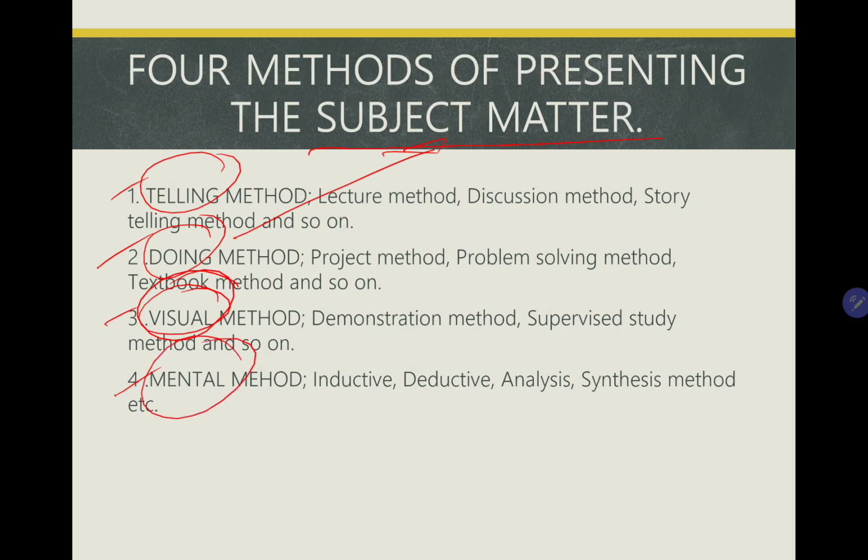Lastly is the mental method, in which case I'm not going to facilitate any of the previous three examples, but instead I'm going to ask you to research. So I'm going to be asking you guys, I need you to research on classical conditioning and then tell me what you think about classical conditioning. So it induces deduction, it induces analysis, it allows you to think and create ideas for yourself. So that would be your methods of presenting the subject matter.